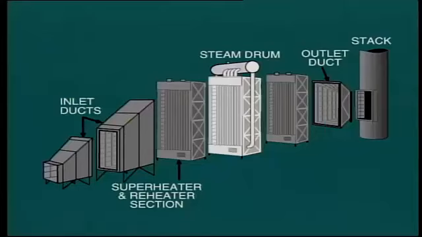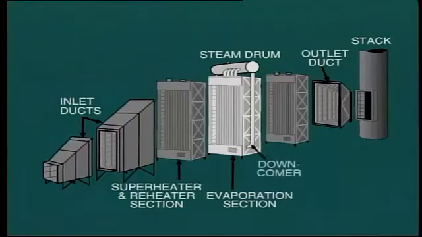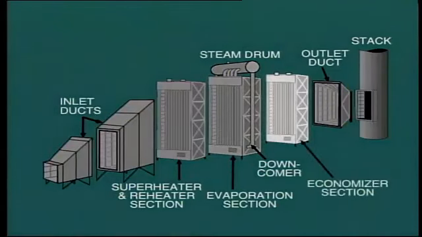Steam generation takes place in these tubes, and this section is usually called the evaporation section. In this diagram, we see the downcomer from the steam drum feeding into the lower header of the evaporation section. Finally, as the gas temperature is decreasing, it passes over the economizer section to heat incoming feed water.